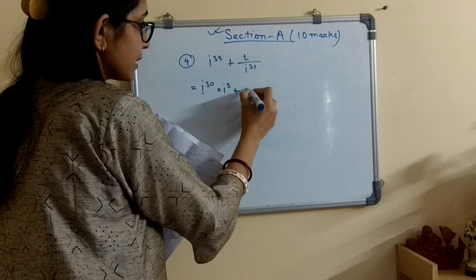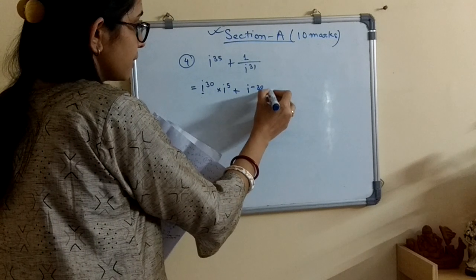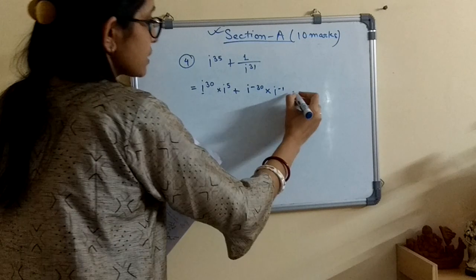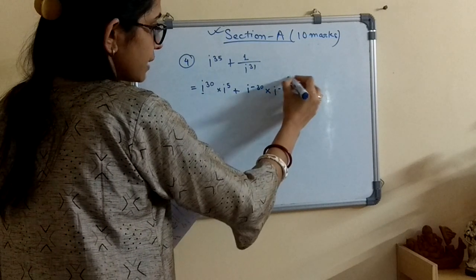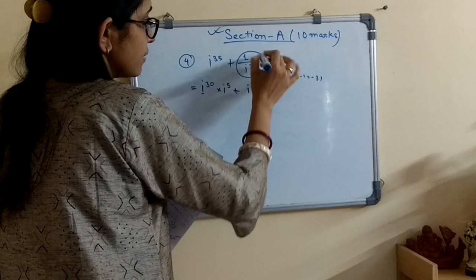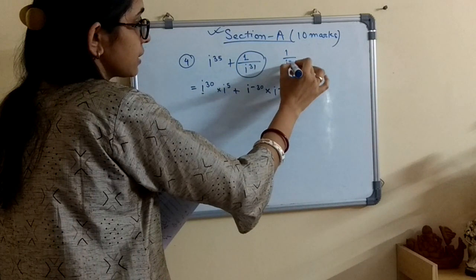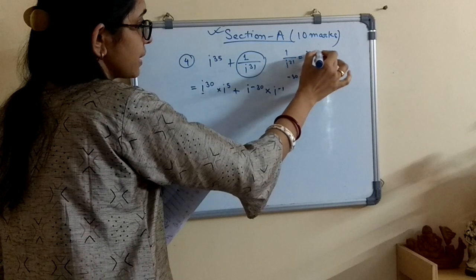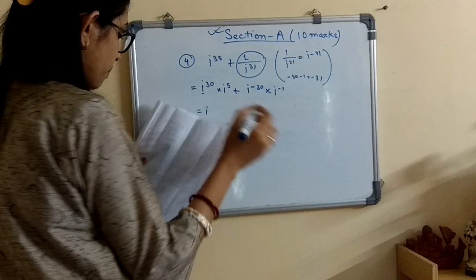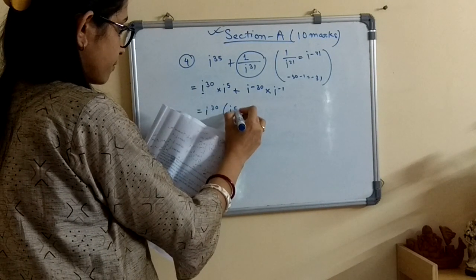And we can write it as i to the power minus 30 into i to the power minus 1, because the power is also added. Minus 30 minus 1 equals minus 31. Because this is the inverse: 1 by i to the power 31 is equal to i to the power minus 31, isn't it?